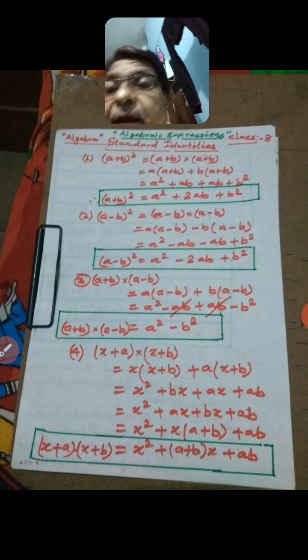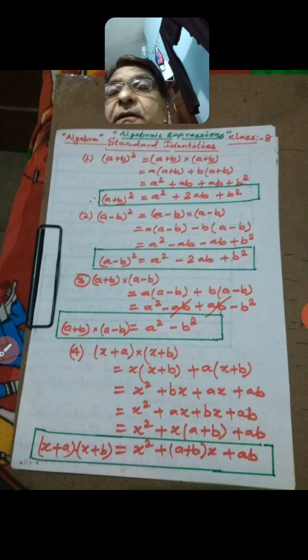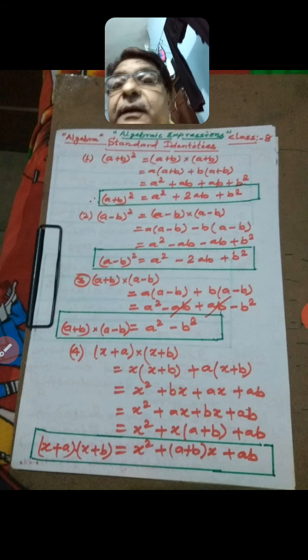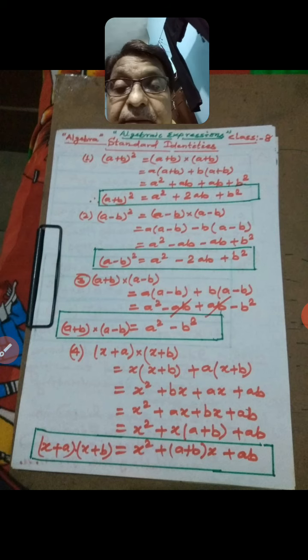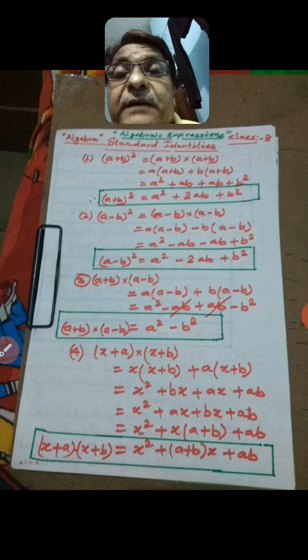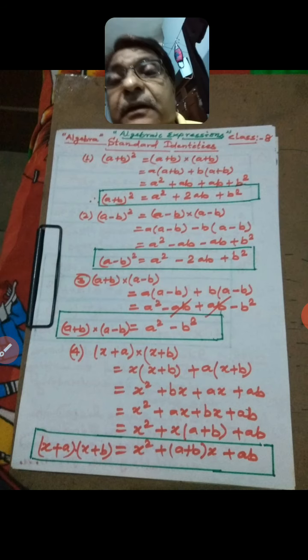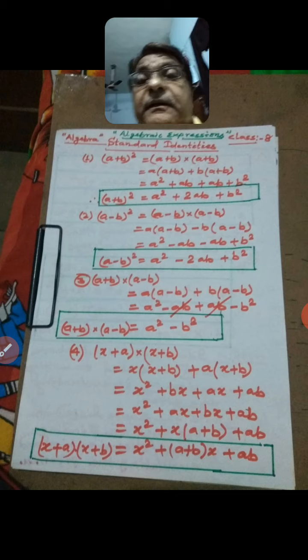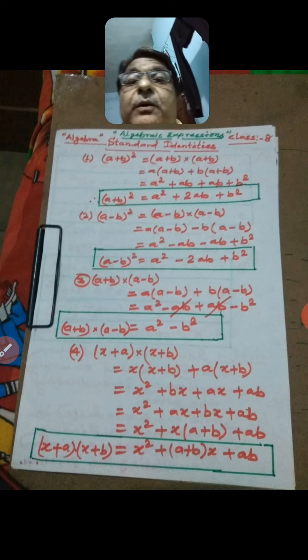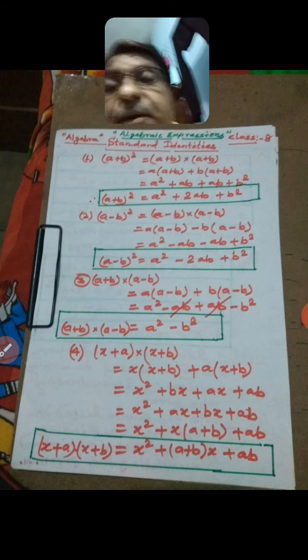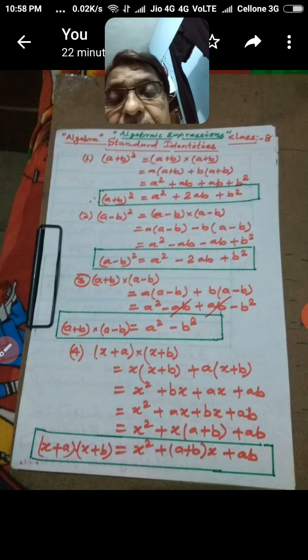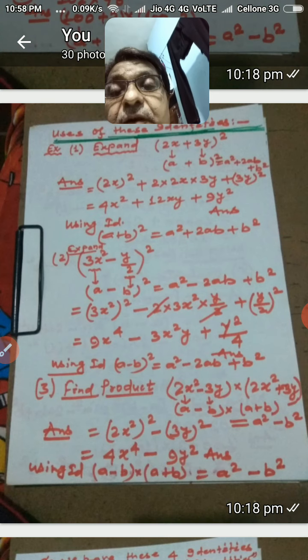So again, x square plus, inside bracket, a plus b into x plus ab. This is the fourth standard identity. All these four identities are called standard identities in our algebra maths. Okay student, now we will make a brief and then proceed to its use.